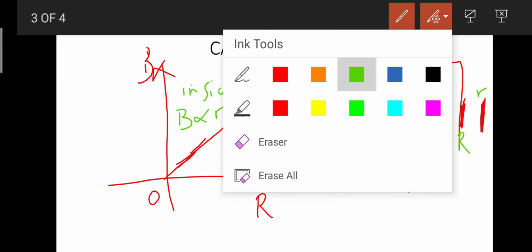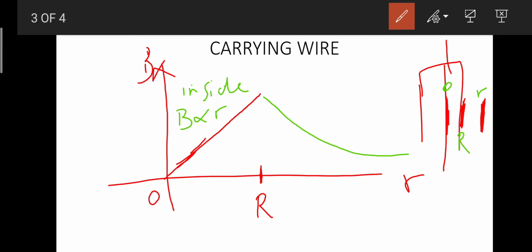So ultimately what we have observed is that at this point the value of B is going to be maximum. And this point is basically the point lying outside.